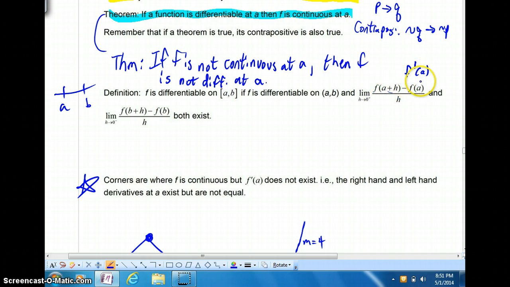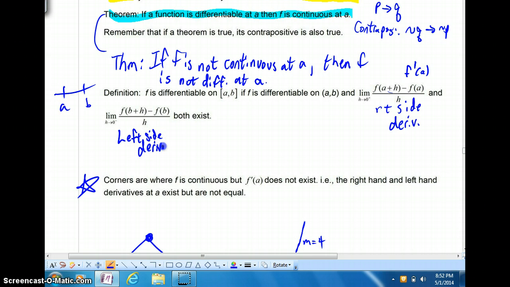If you wanted to take your derivative at a, you could only approach it from that right-hand side. So this is a right side derivative. It would be a tangent line slope or an instantaneous rate of change at a, but only from the right-hand side. Also, what we can see is that this second derivative would be a left side derivative.